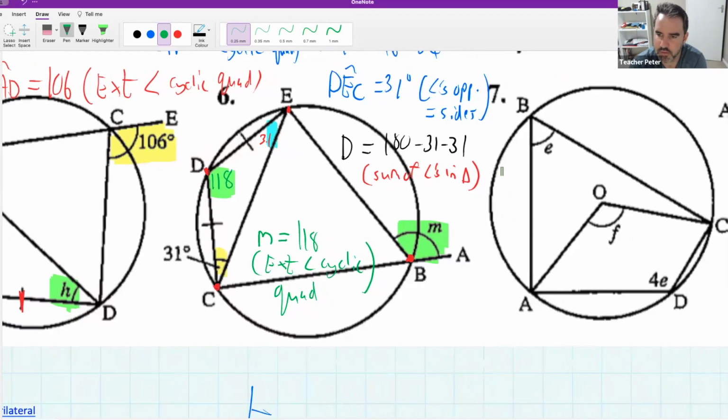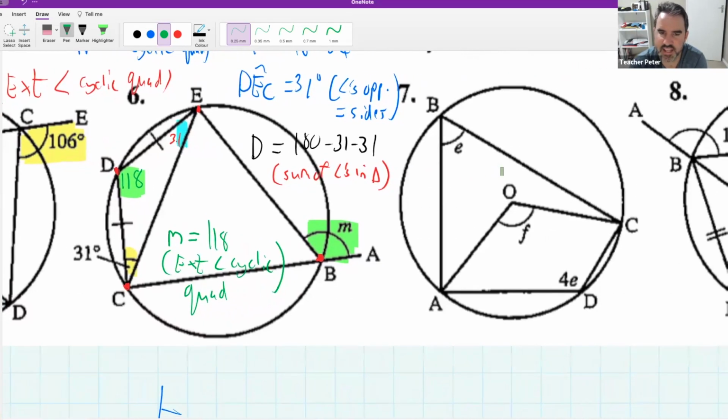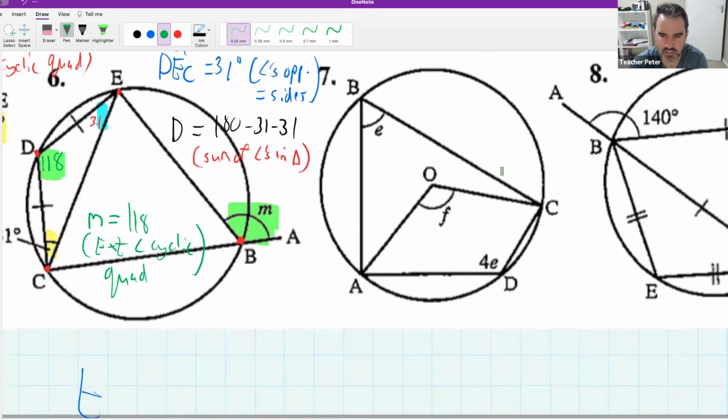Okay. So let's go to question 7. In question 7, you need to find the value of angle E for me. So that's this one over here. But you also need to find the value of angle F, which is over here. Now, if I look at this, alarm bells are going off in my head because I see the cyclic quad, right?